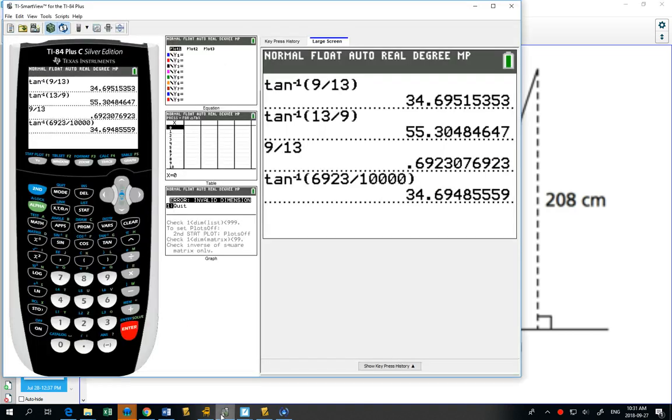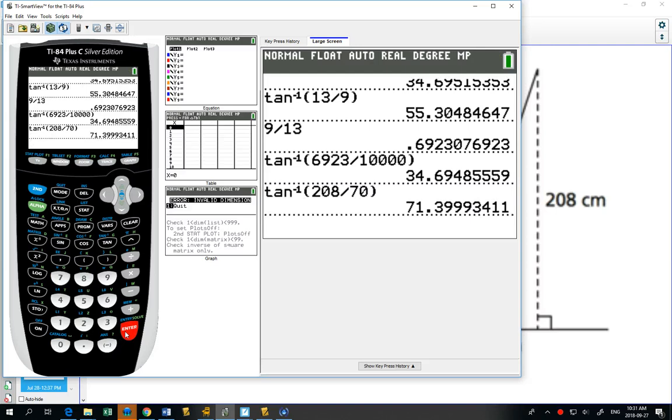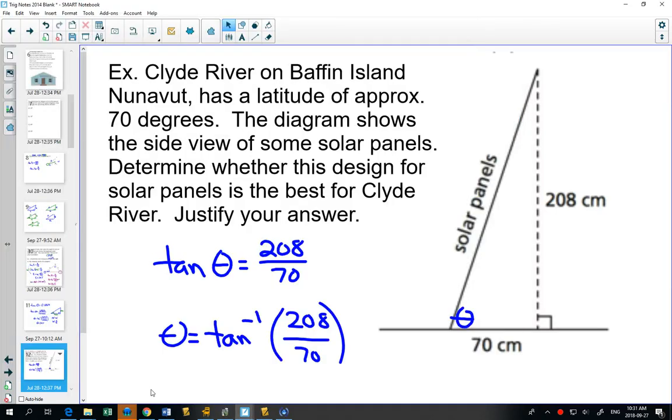So we go to our calculator. Tan inverse of 208 divided by 70, 71.4 degrees. So what would I say was 71.4?